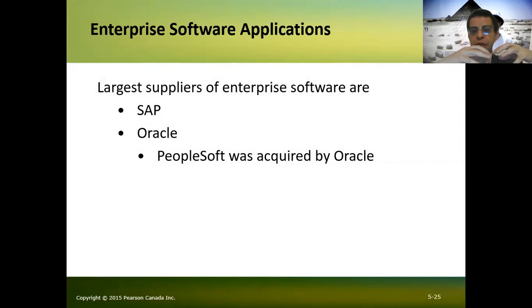And you have these applications, which provide the process, the work every day, set up the process, bring data, and enter it. The largest suppliers of enterprise software are probably Oracle, SAP, and then Oracle bought PeopleSoft. PeopleSoft management is a major competitor with SIS, which is used by lots of universities.